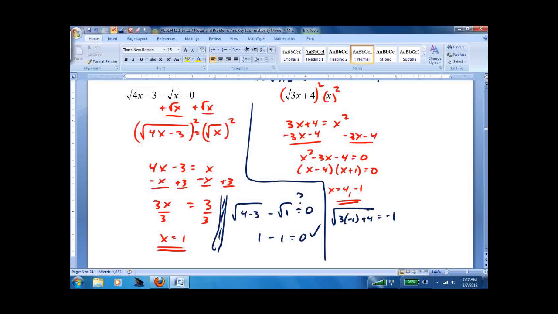Can't have a square root equal a negative. So go back and cross that one out. And we can guess the other one's going to work, but let's check. Checks.